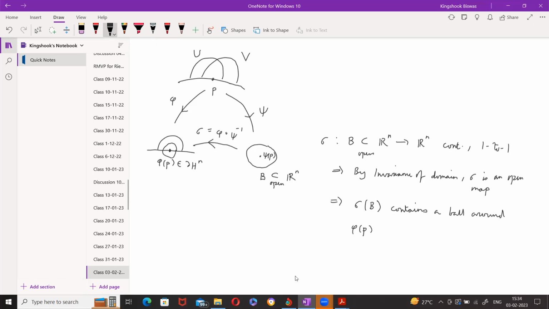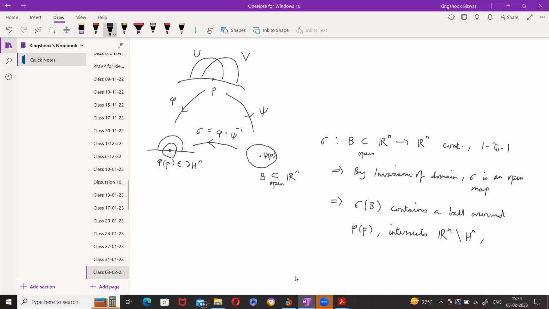Because the image of sigma is contained in the image of phi, and phi takes values in the upper half space. So sigma of B would intersect the complement of the upper half space.